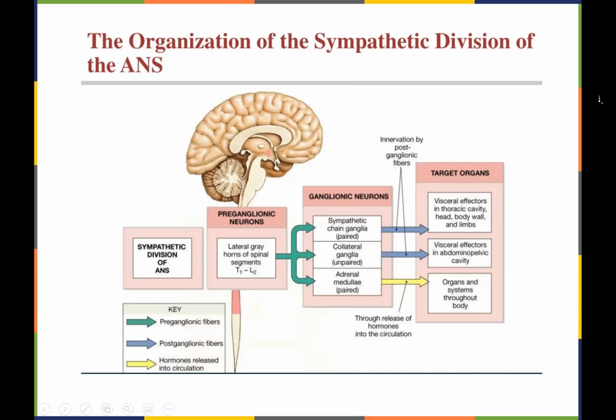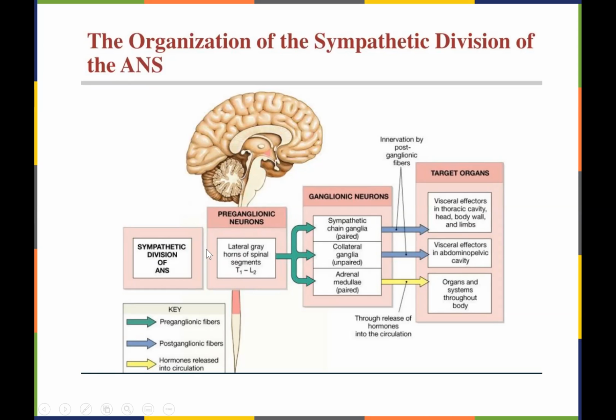So let's look at the organization of the sympathetic nervous system. So you can see the sympathetic nervous system is going to leave the central nervous system from the thoracic vertebrae T1 and lumbar vertebrae L2. That's why it is also called thoracolumbar division. So that's where the nerves are going to exit the central nervous system.